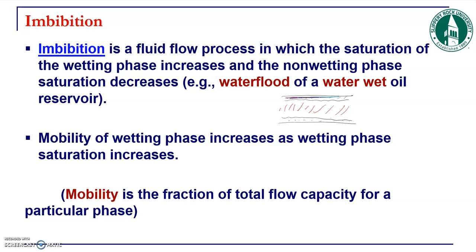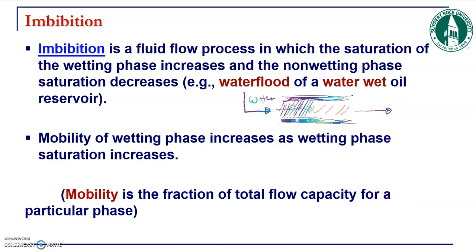So let's say this is your water here. Now you inject water into this pore. What happens? It will displace oil. The pore will be filled with water and the oil will be removed from the other side.